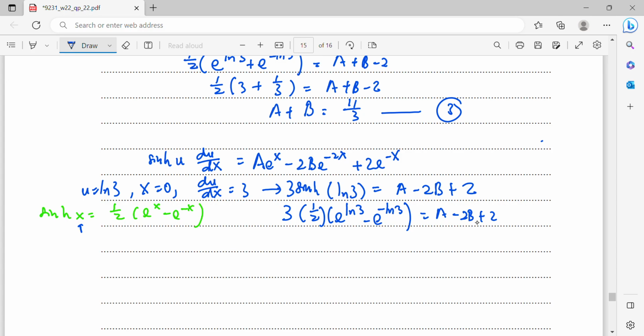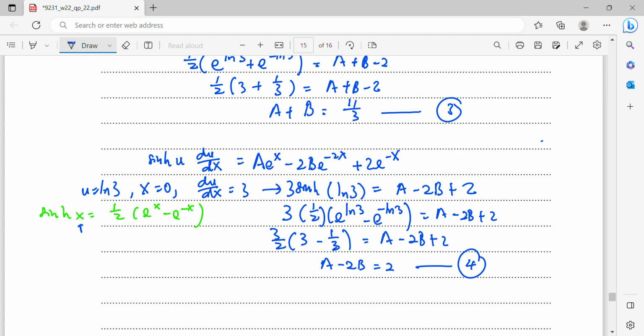So here you will be getting 3 over 2. Again, e^(ln 3) is 3, and e^(-ln 3) is basically 1/3. So when you rearrange or simplify, it will be A - 2B equals 2. This is my fourth equation.